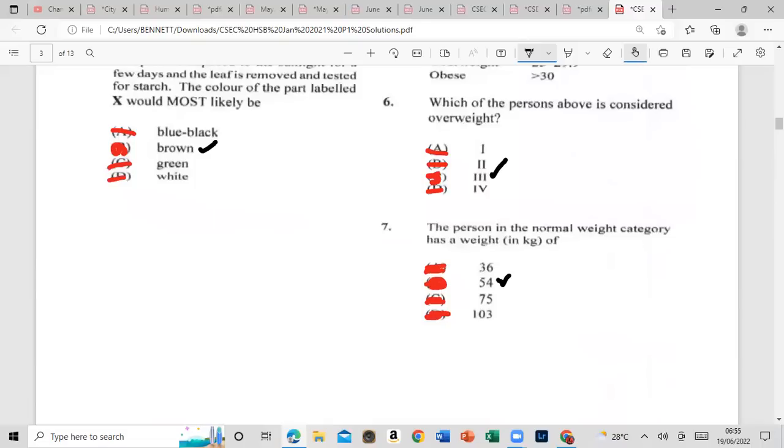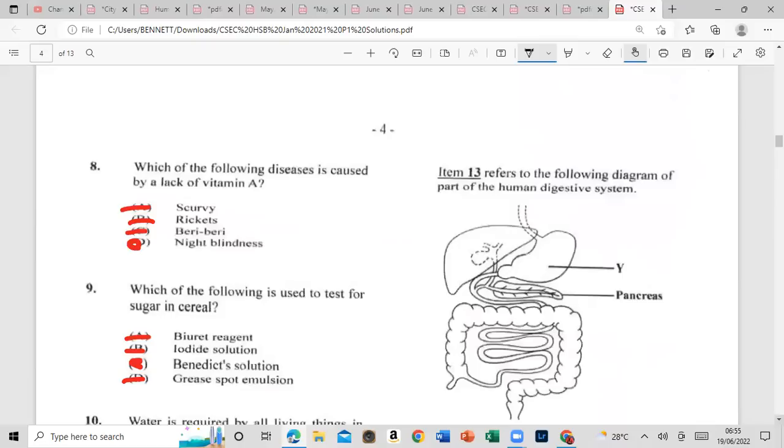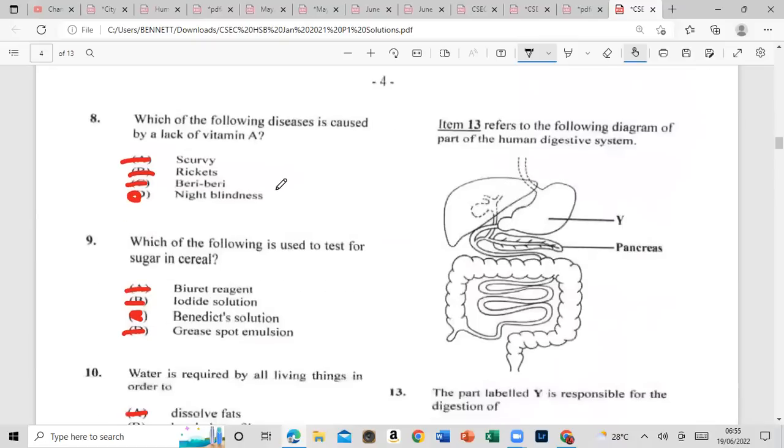Let's move on to number 8. Which of the following diseases is caused by lack of vitamin A? Scurvy, rickets, beriberi, or night blindness? And that would be night blindness. Which of the following is used to test for sugar in cereal? Biuret reagent, iodine solution, Benedict's solution, or grease spot emulsion? And that's Benedict's solution.